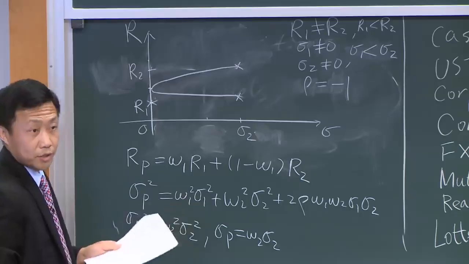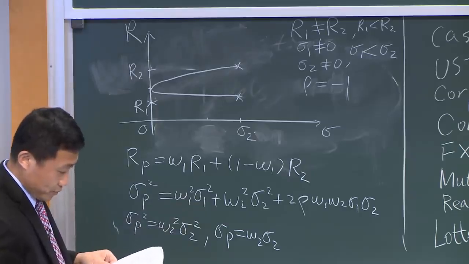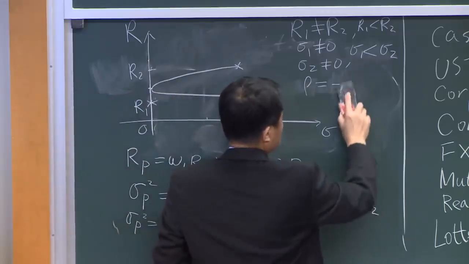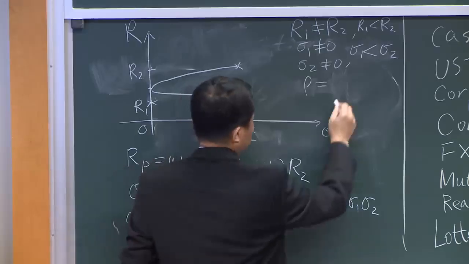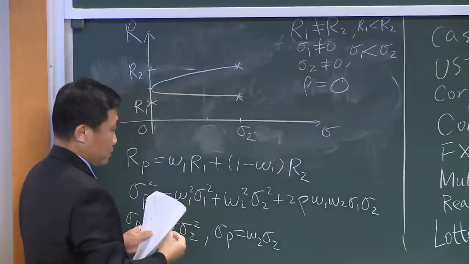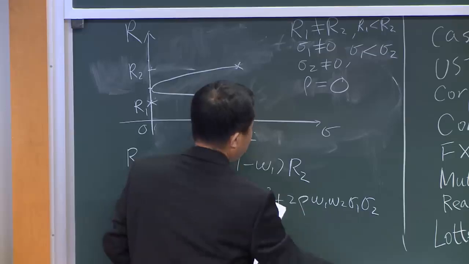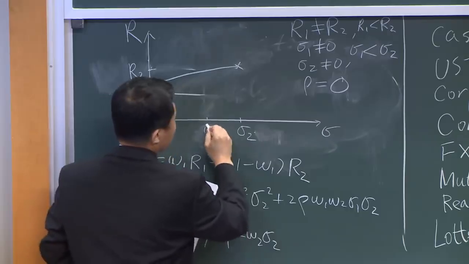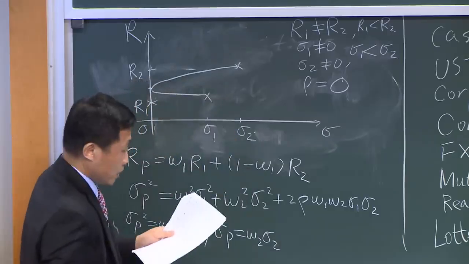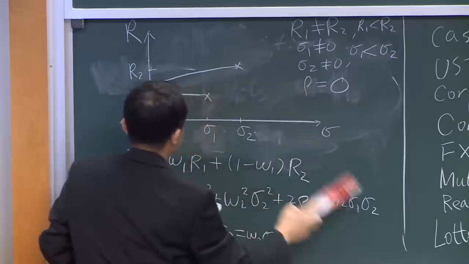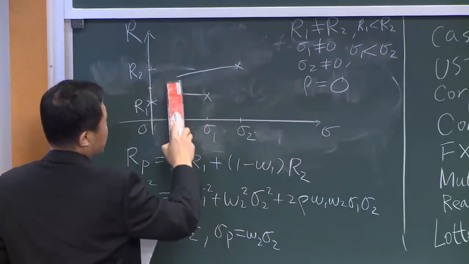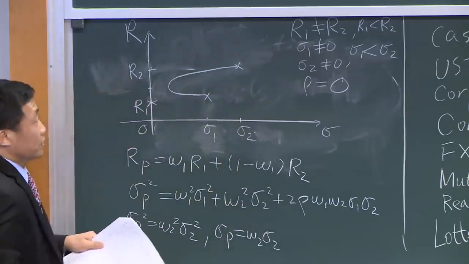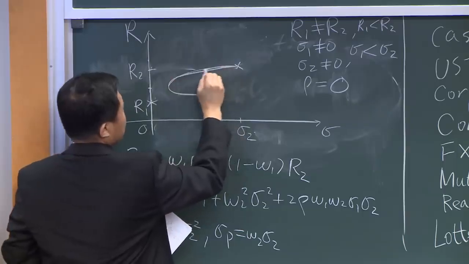So this is a quadratic function. You can verify and prove it later. And what if rho equal to 0, so sigma 1 should be here, okay? So when rho equal to 0, the variance can no longer be minimized to 0. So this is your efficient frontier, this part.